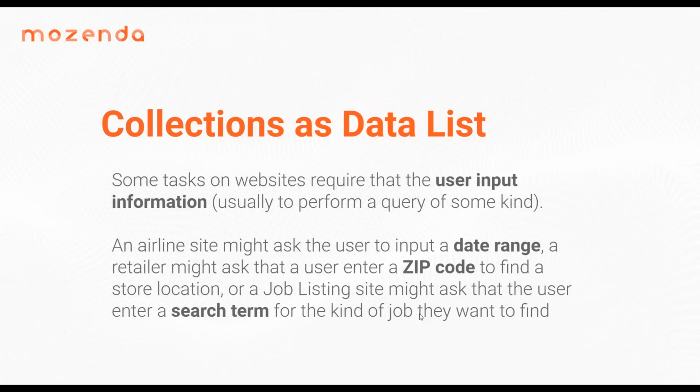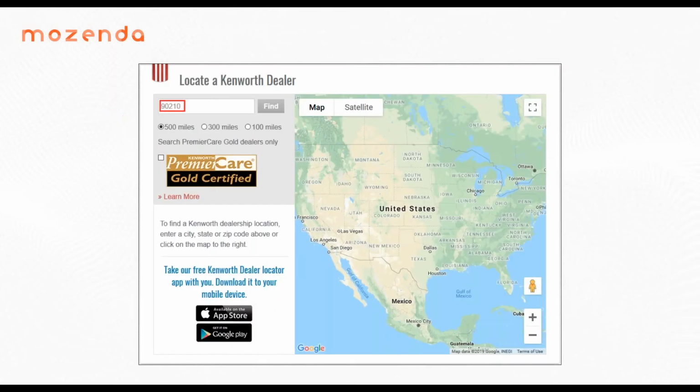These search terms are going to be sent to their database and then return results. This is an example of one of those where we'd have to enter in a zip code and then we'd have results that would be displayed below.